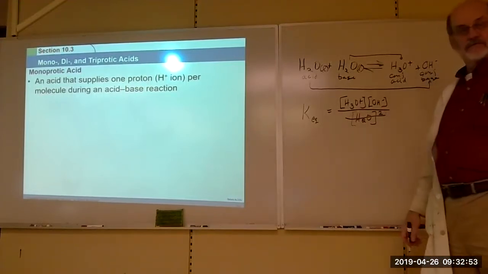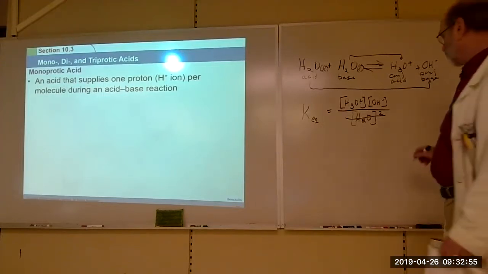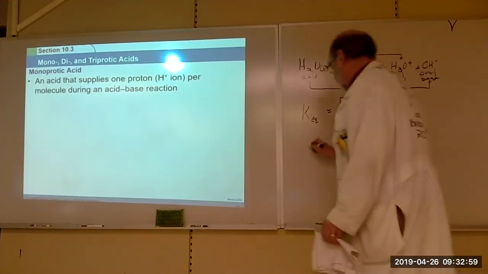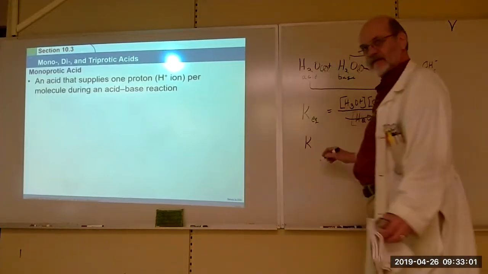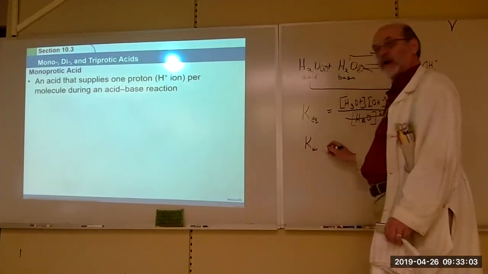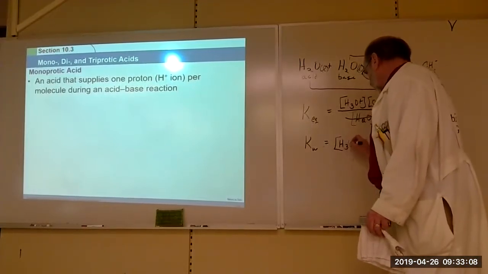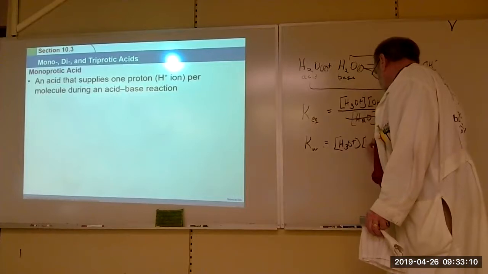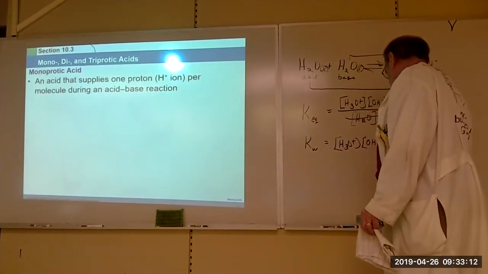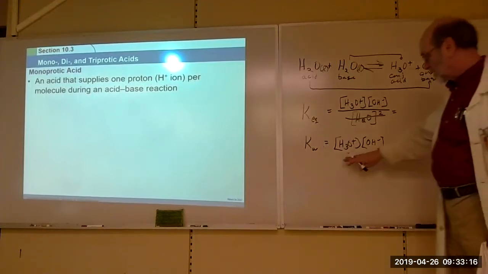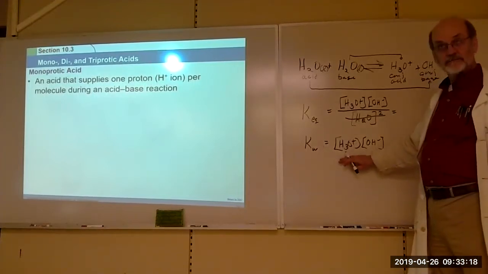They don't count. So the actual expression for this, and we give it a special K, we call it Kw, for water. And then it's this expression only. There you go. For that reaction, this is the equilibrium expression.